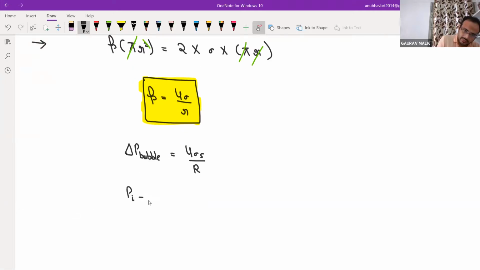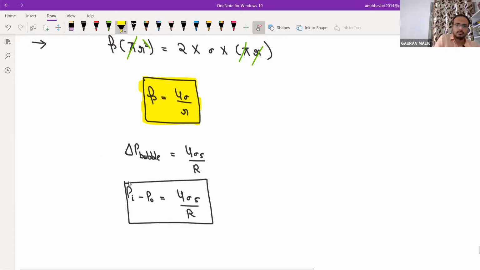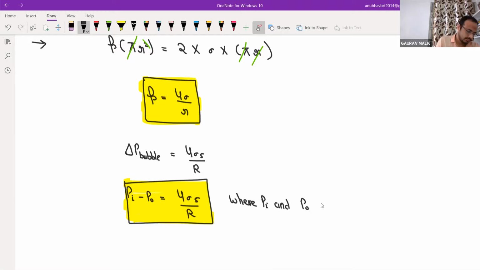Or we can write Pi minus P naught is equal to 4 sigma S by R, where Pi and P naught are the pressures inside and outside the bubble.